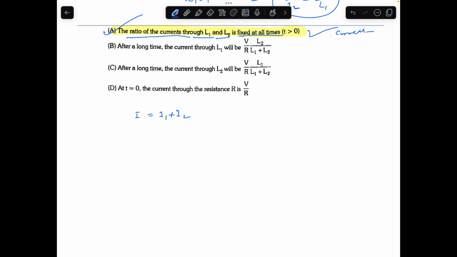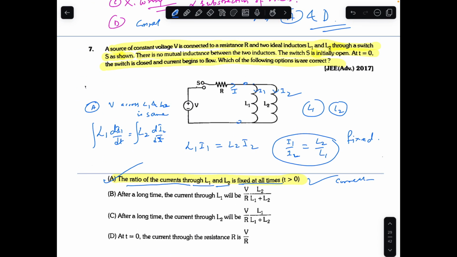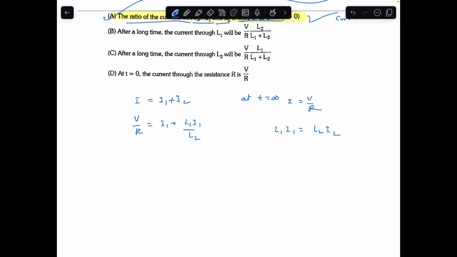After a long time, at t equal to infinity, I will be V by R because the inductor will act as a short circuit. See the diagram, both inductors act as simple wires. So the current in the circuit will be V by R. So V by R equals I1 plus I2, and L1 I1 equals L2 I2. So I2 is L1 I1 by L2.